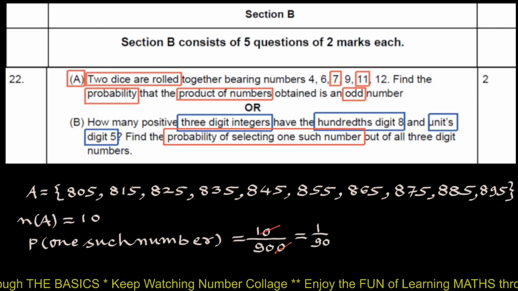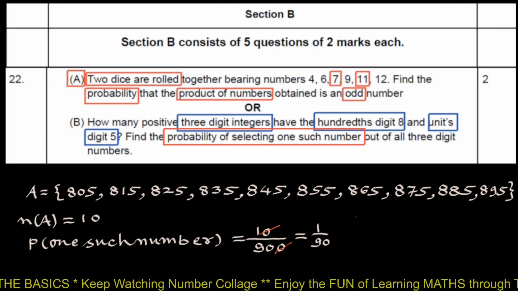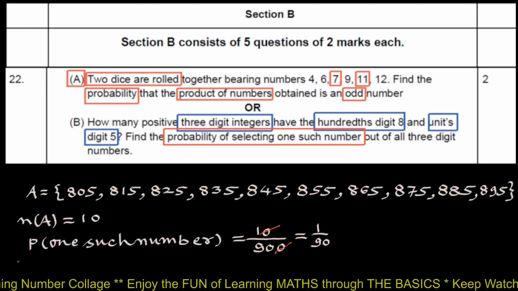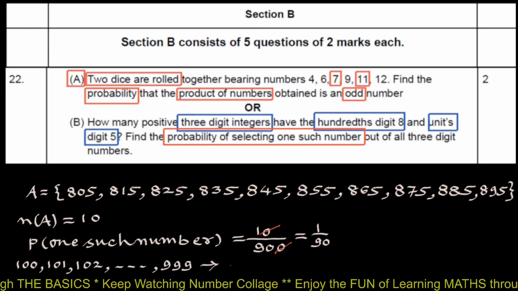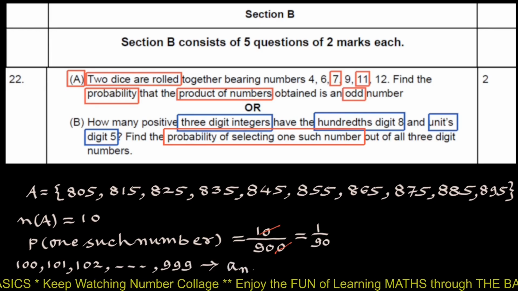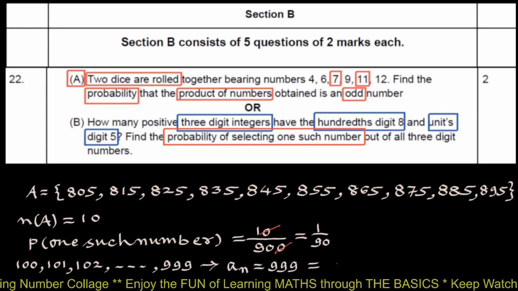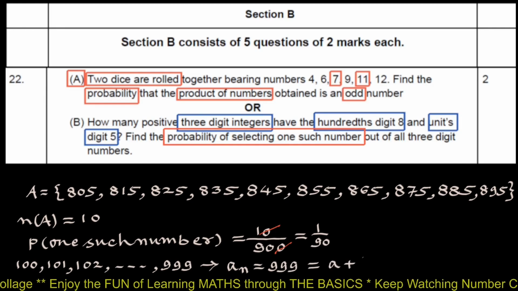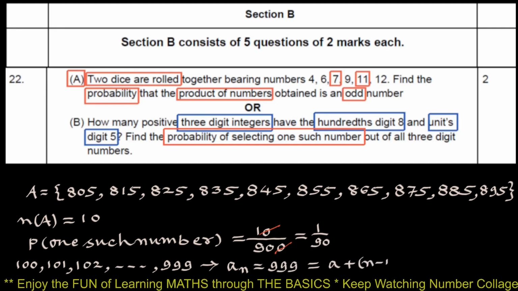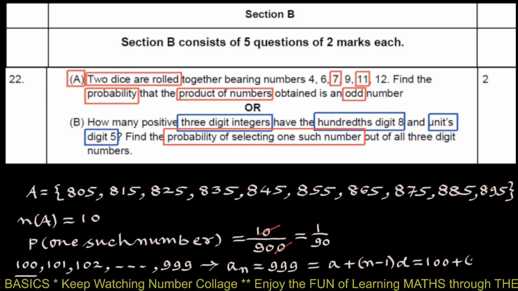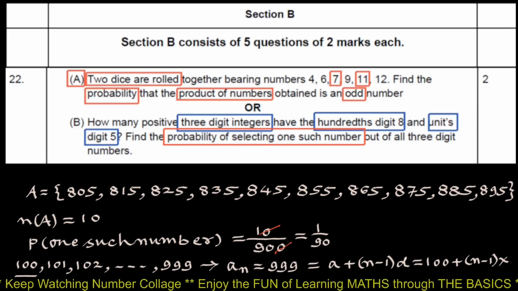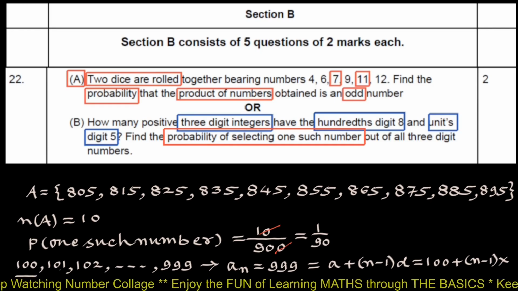Now let us see how to find the total number of outcomes. The 3-digit numbers start from 100 and end with 999. If we consider the nth term an to be 999, then it will be a plus n minus 1 into d. That will be a, which is 100, plus n minus 1 into d, that is the common difference 1.